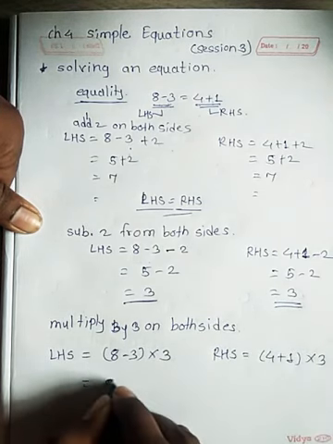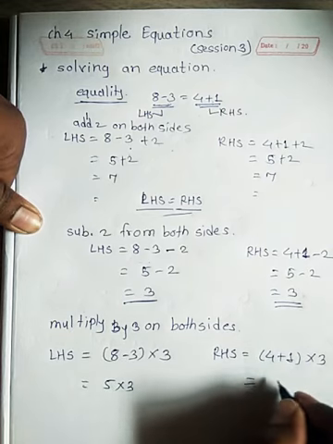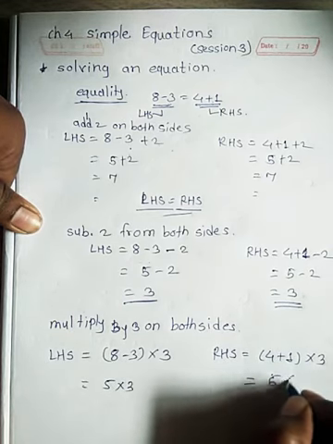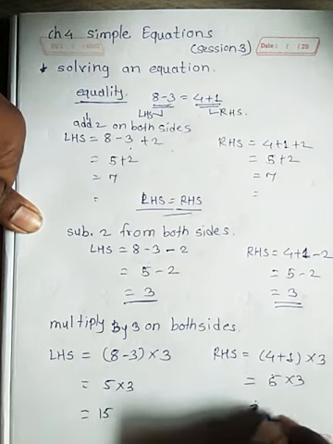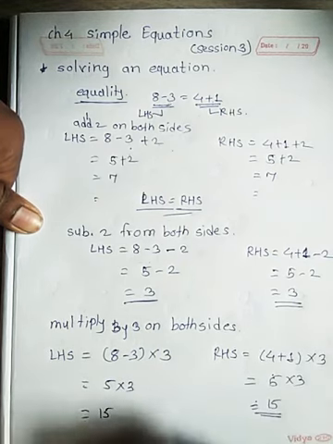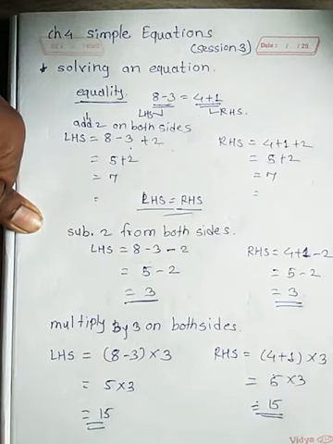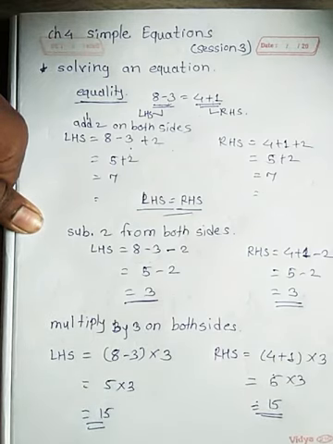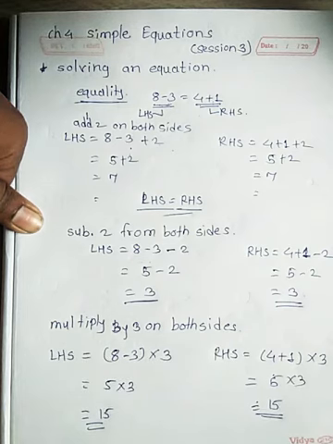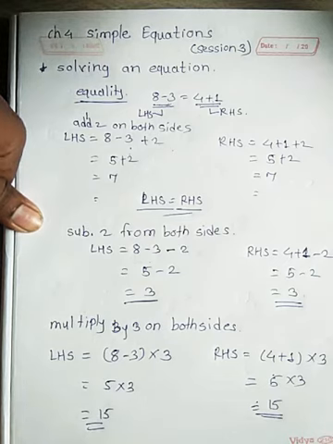Now 8 minus 3 is 5 into 3, and RHS 4 plus 1 is 5 into 3, that is 15. Same. So multiplication with the same number on both sides will also not change the equation.